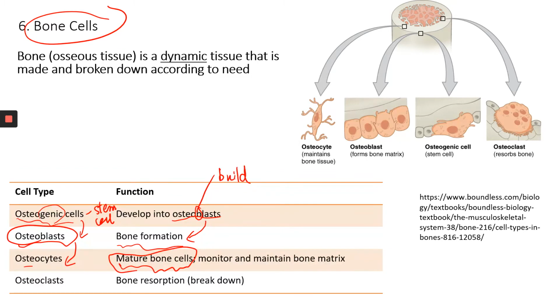So they are kind of like trapped. But it doesn't mean that they're doing nothing after they're trapped. They continue to monitor and maintain bone matrix. And they can send signals to other bone cells like osteoblasts or osteoclasts to tell them what they need to do, where they need to remodel the bone, things like that.